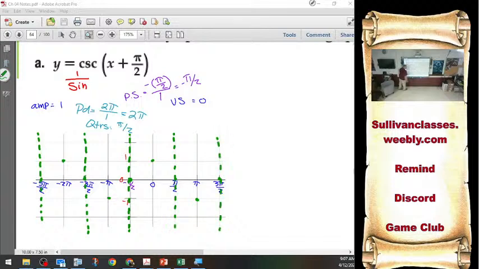Now be careful. When you make all of these U's, kind of like tangent was kind of like cubics, these will be kind of like parabolas. Okay, they're not actually parabolic in their growth.